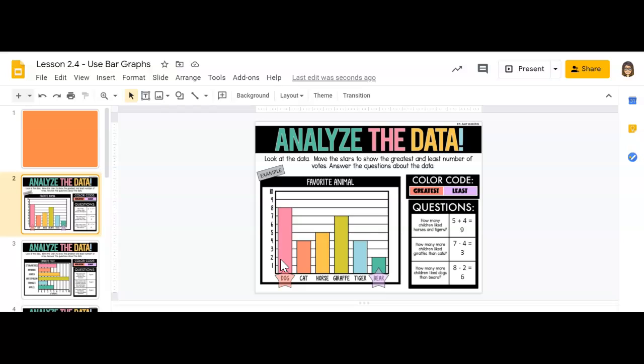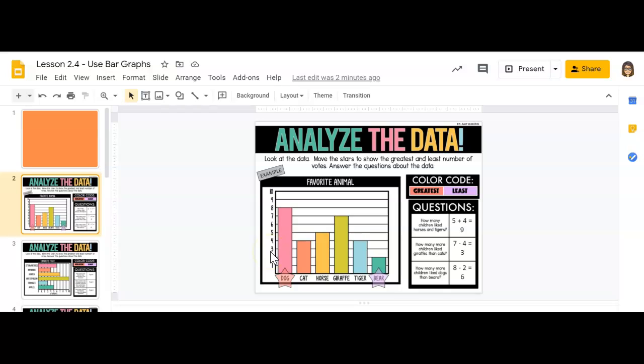And then this kind of graph shows the data by one bar representing each category. So dog has a bar, cat has a bar, horse has a bar, giraffe has a bar, tiger has a bar, and bear has a bar. So we can see who voted for each category by looking at the bars, the categories, and the numbers.